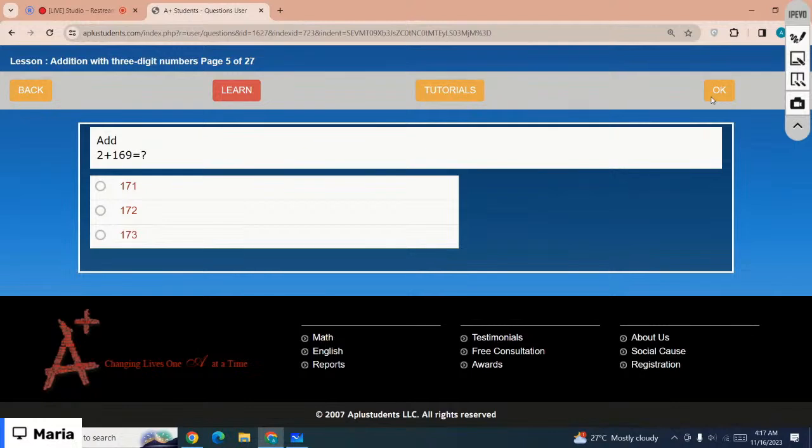So that would be 171. 169 plus 2 is 171. So the correct option is 171. Got it?